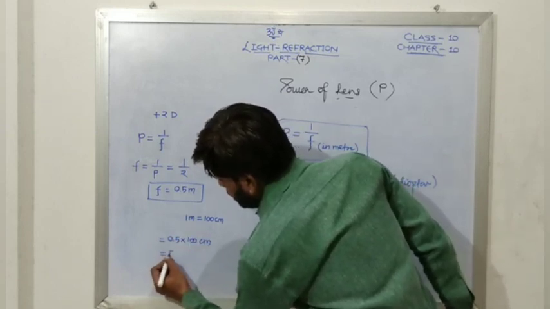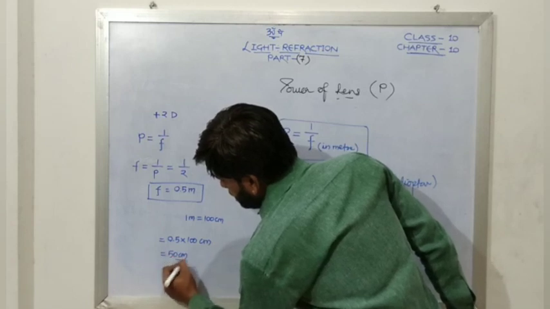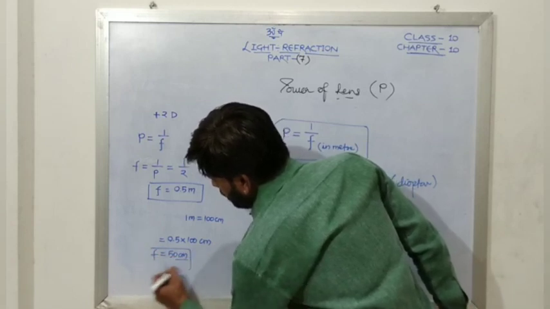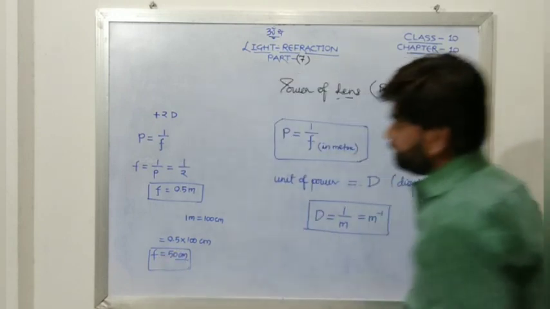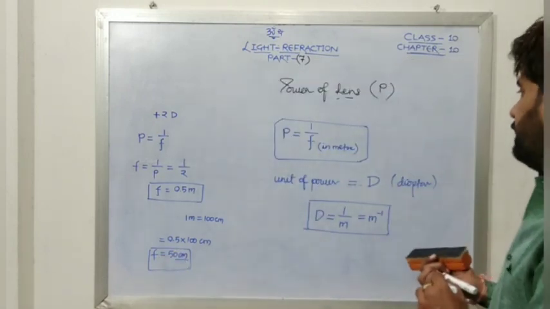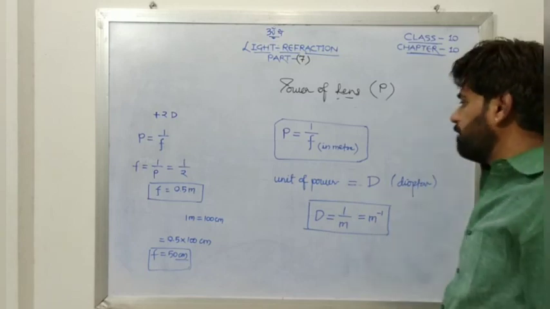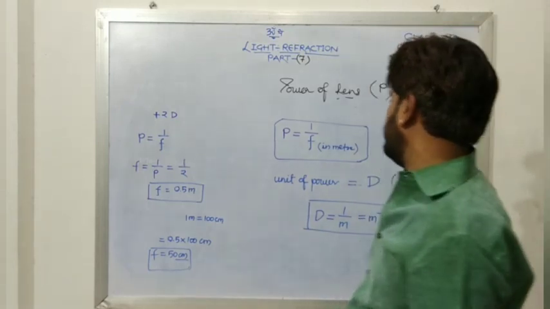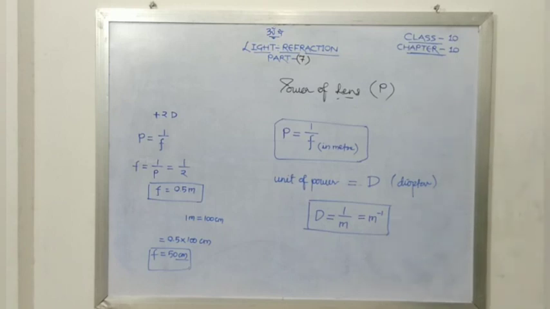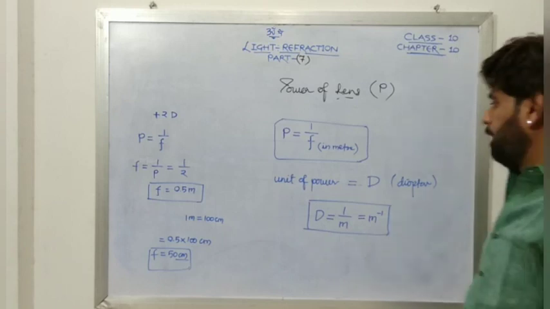That is nothing but 50 centimeters, which will be the focal length. So if that is in meters, and if we need it in centimeters, then simply we have to multiply it by 100.